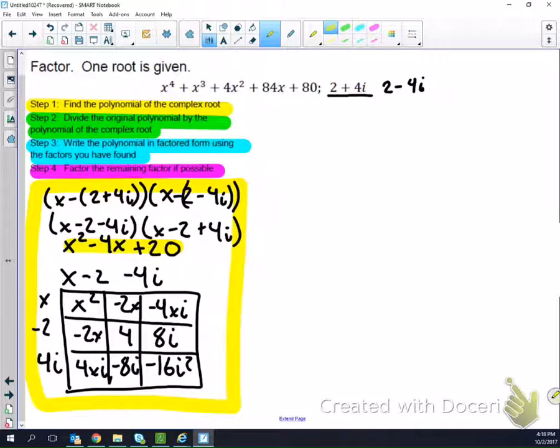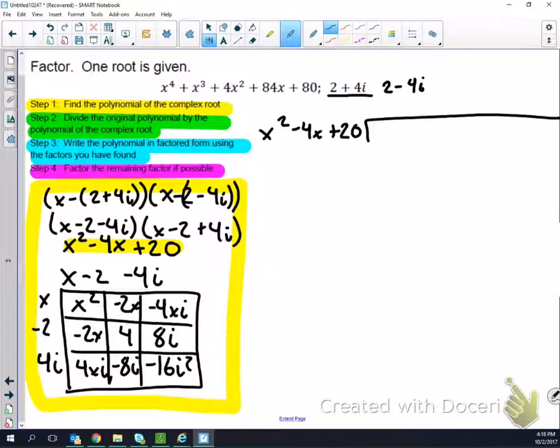Okay, and that's our result right there. So now for step 2, I'm going to divide my original polynomial by the polynomial of that complex root. So I've got x squared minus 4x plus 20, and we are going to divide it into our original polynomial, x to the power 4 plus x cubed plus 4x squared plus 84x plus 80.